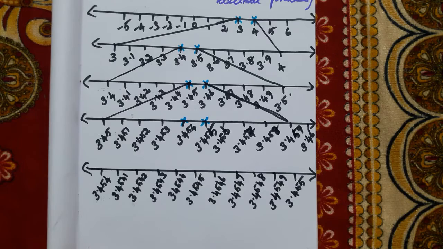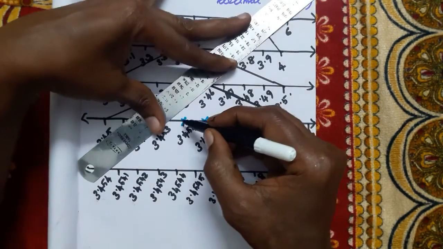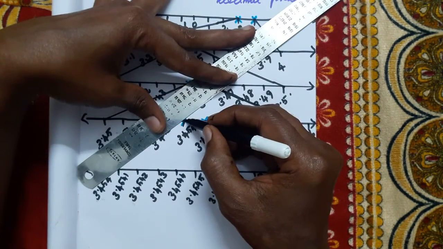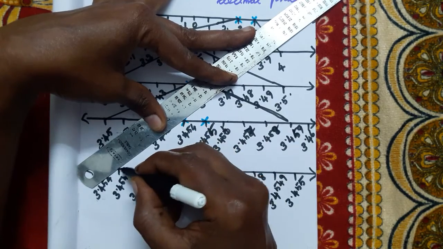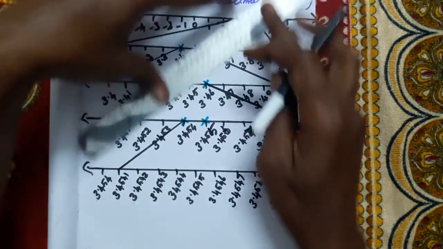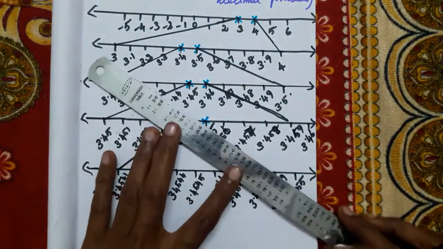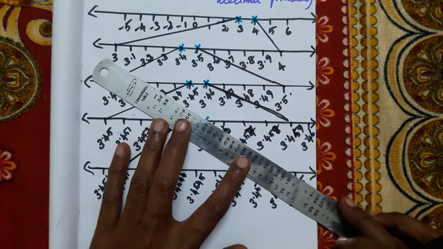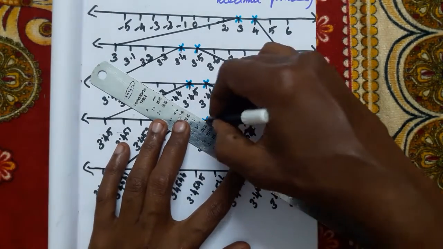Now what do we have to do? We have to join 3.454 to 3.454 and 3.455 to 3.455.